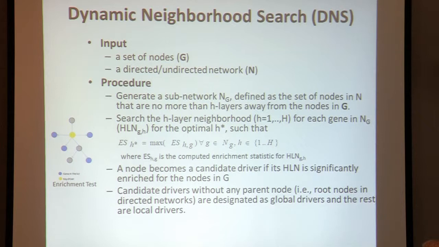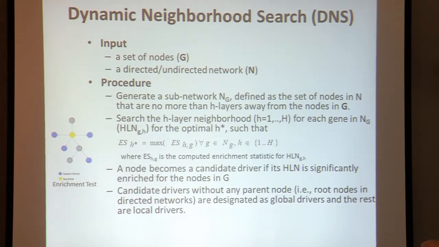So for the dynamic neighborhood search, I call it DNS. Basically, you have an input gene list, which we call G, and a network called N. The first step is to generate a subnetwork, NG, by expanding the network surrounding the input gene list.